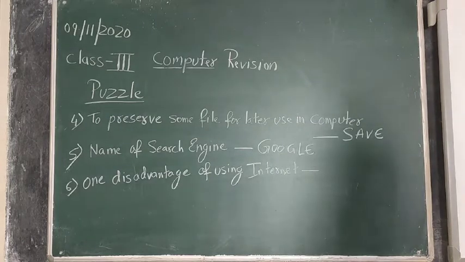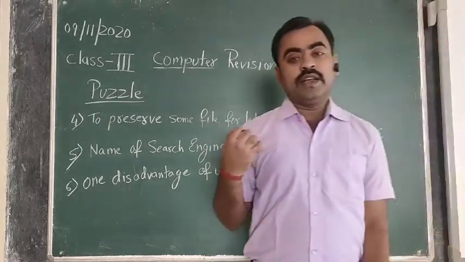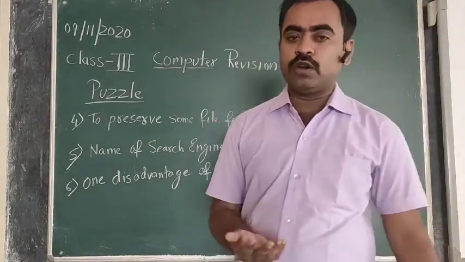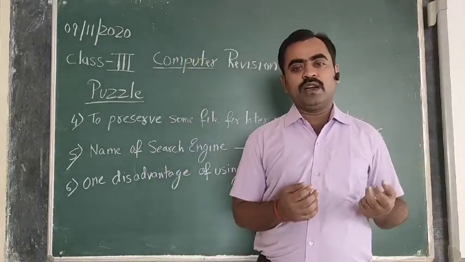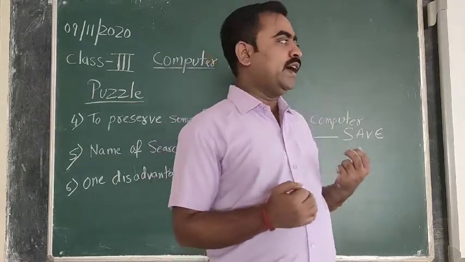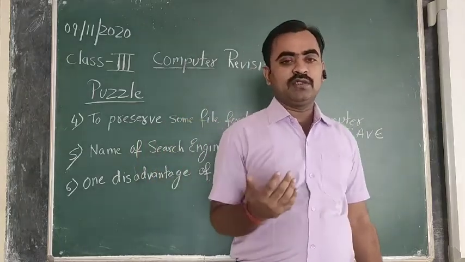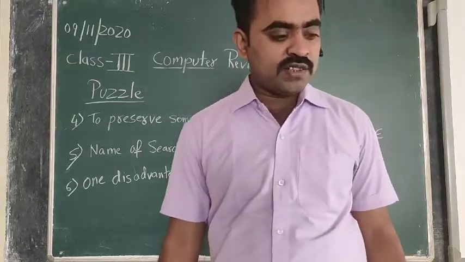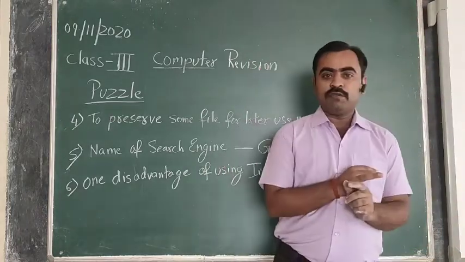As we discussed when we were covering the chapter, the internet is very useful for us and has its own advantages, but along with the advantages it has some disadvantages also, like the threat of hackers.